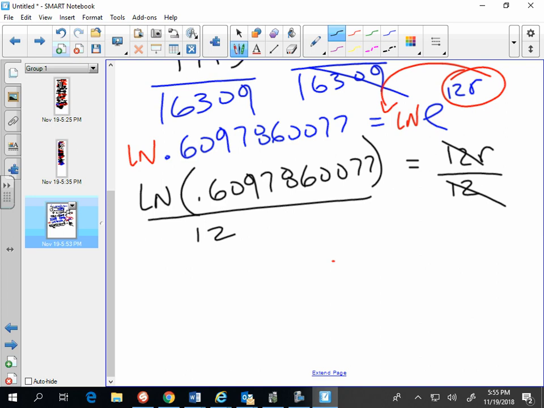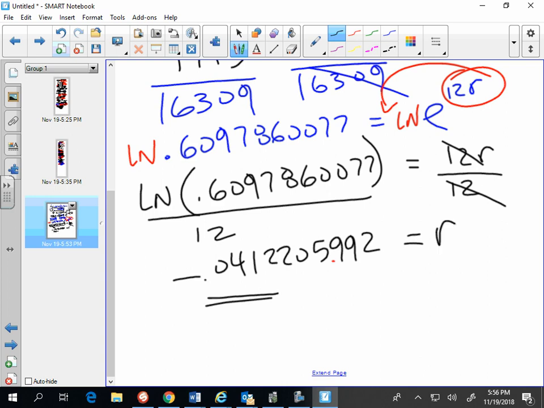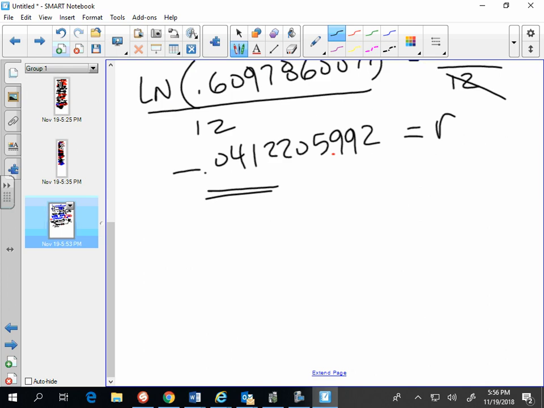So the ln of that number divided by 12, and I get negative 0.04122059992 is our rate. Notice about 4.1% is the rate at which tuberculosis cases are being registered in our country.